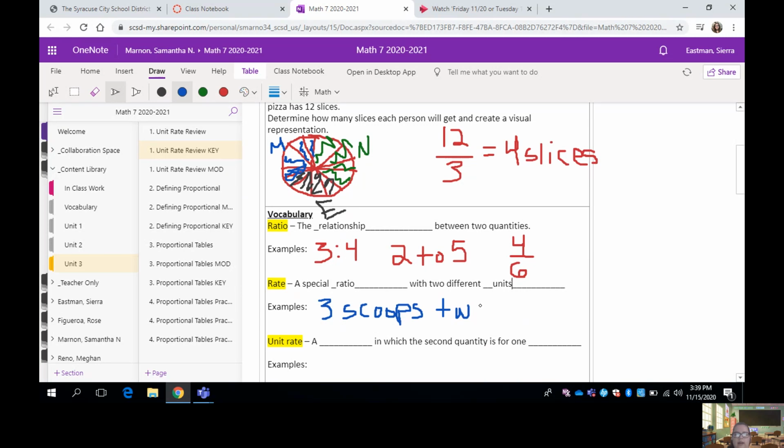Okay, so a rate has 2 different units. This would be 3 scoops, that's 1 unit here. And then they're saying that's 2 times a day. So my units are scoops and days.